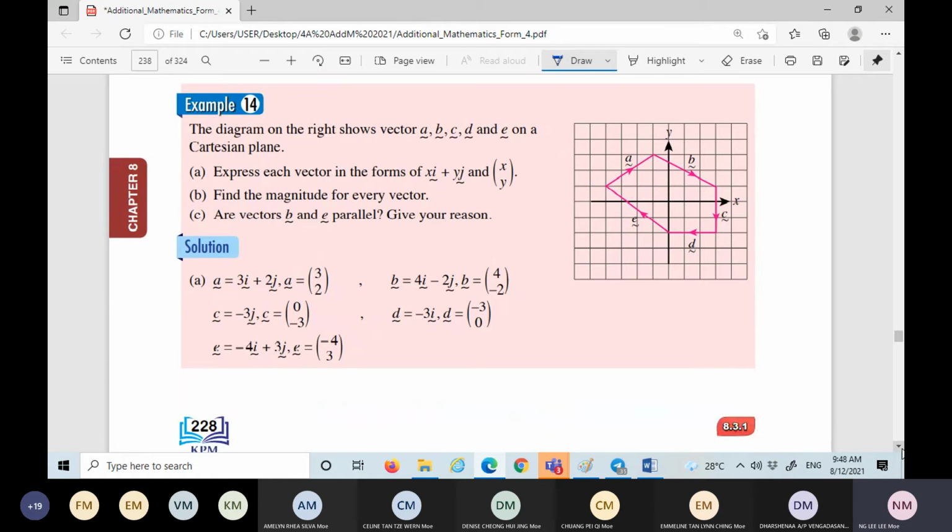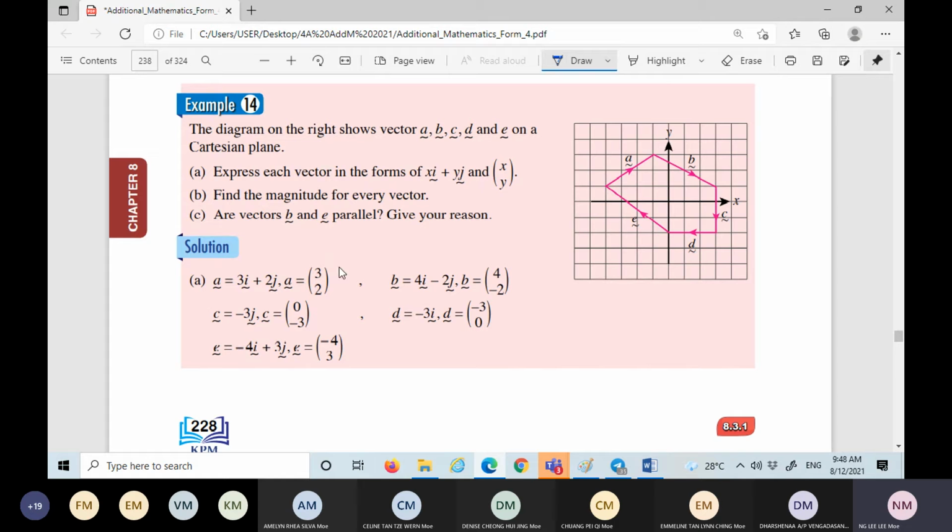Okay, we look at example 14. The diagram on the right shows vectors A, B, C, D, E on a Cartesian plane. Express each vector in the form of xi plus yj and the column vector (x, y). So we look at this one.